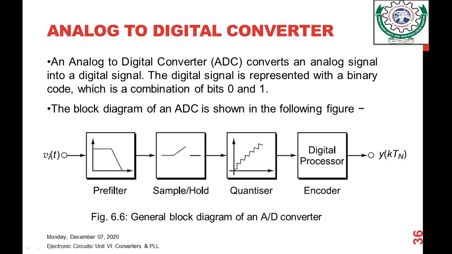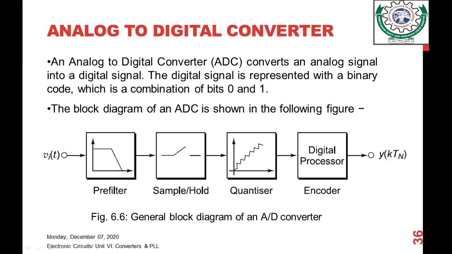So what basically happens in this case, if you look at the block diagram, the pre-filter would avoid aliasing of the signal, generally at high frequency. It would prevent the high frequency signal from overlapping during the sampling.